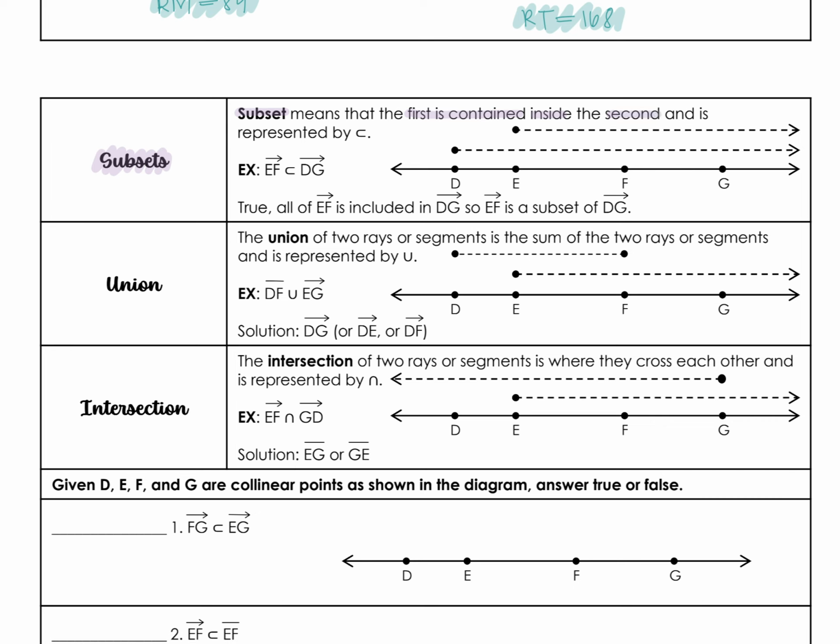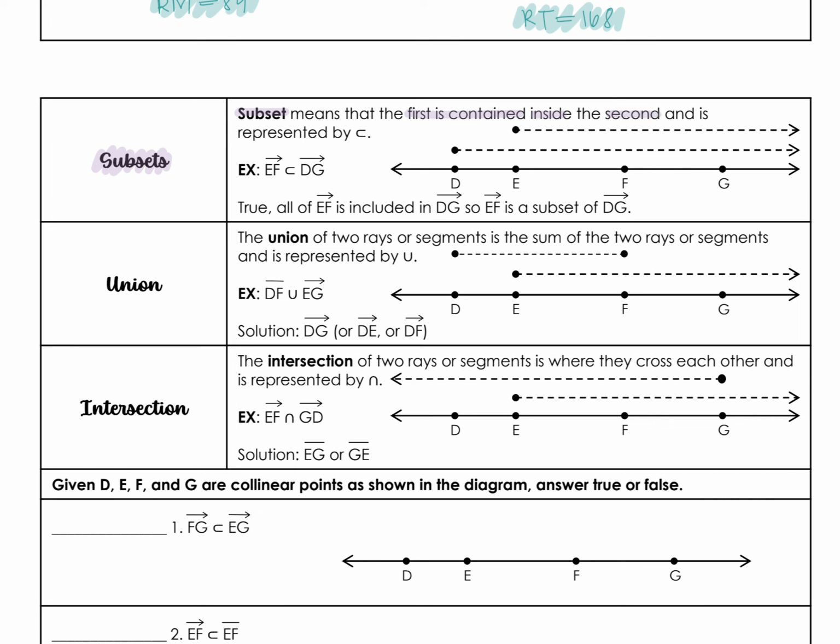All right, so now let's move on to our intersection. The intersection of two rays or segments is where they cross each other and is represented by this symbol here, this symbol that looks like an N. Okay, so we have an example.